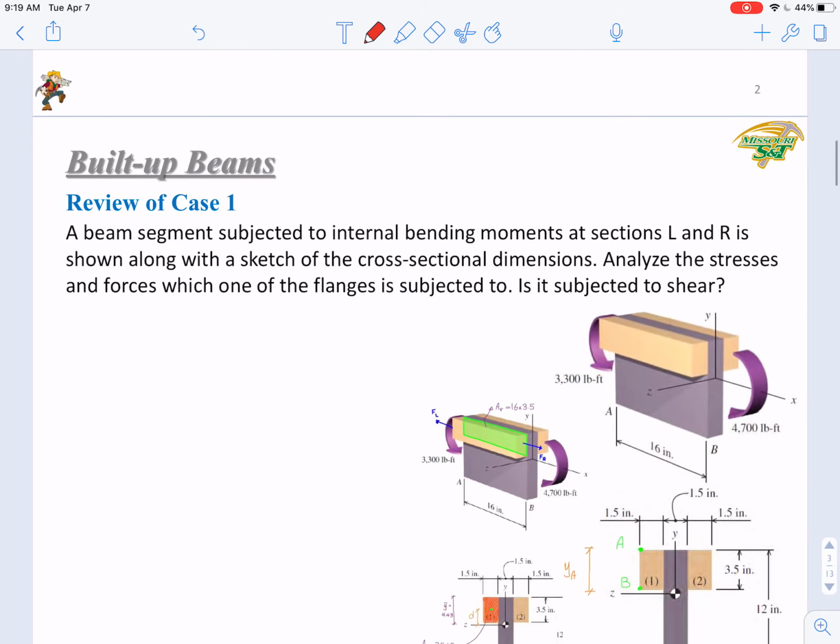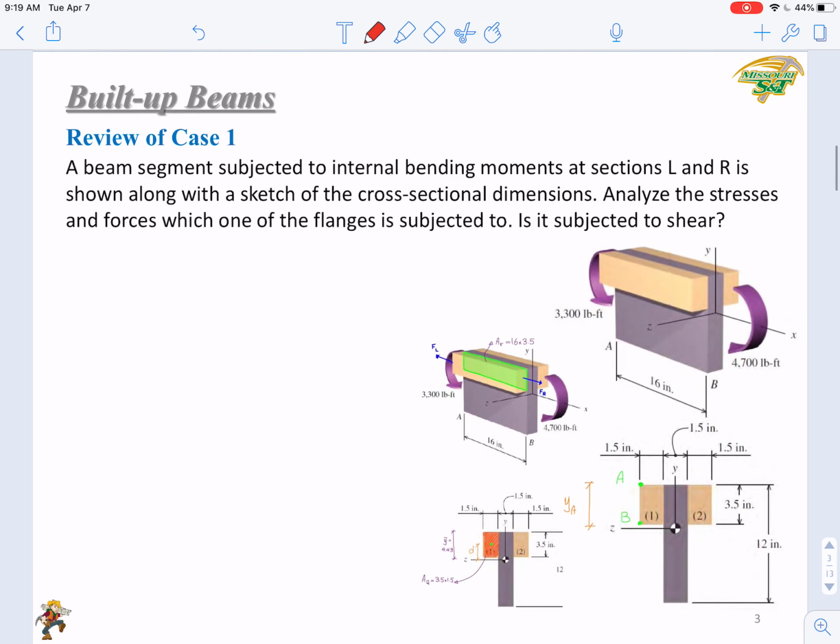We'll start to talk about this concept from the previously introduced case 1. Okay, we'll start from reviewing case 1. Here is case 1, a beam segment subjected to internal bending moment at section L and R. So this is section L and section R, right? We should be very familiar with this case.